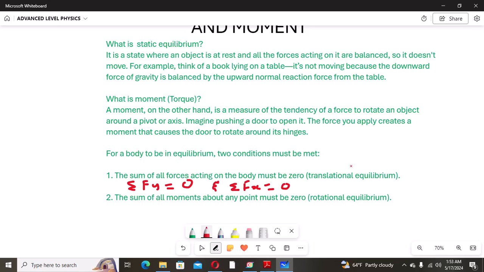This implies the anti-clockwise moment or torque, please, that's the symbol for torque, the anti-clockwise torque must be equal to the clockwise torque.